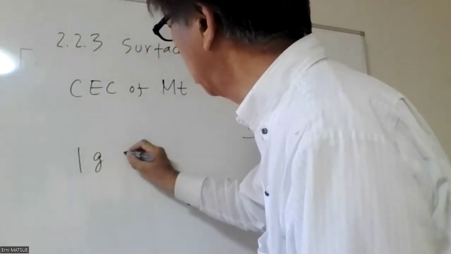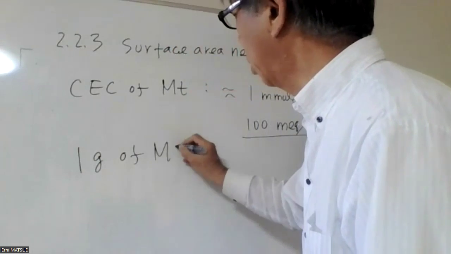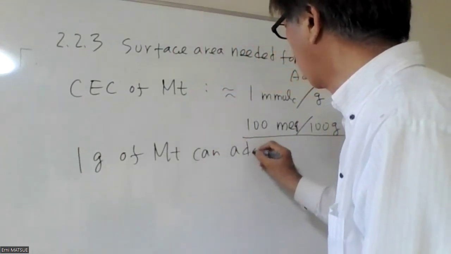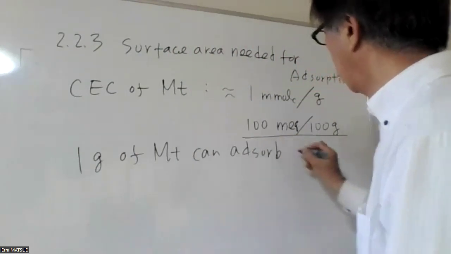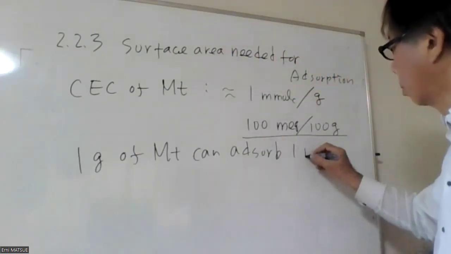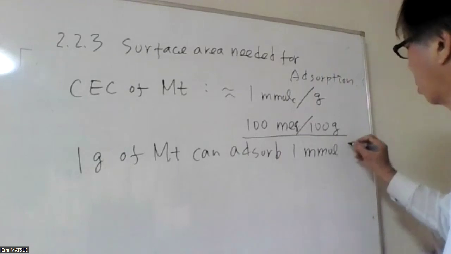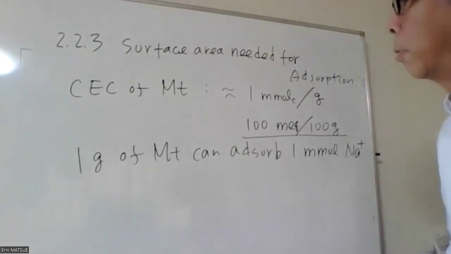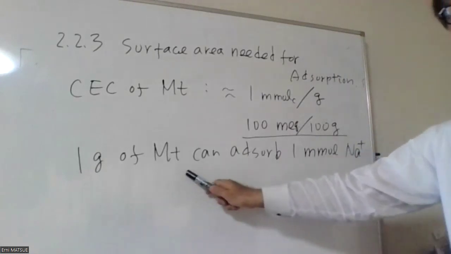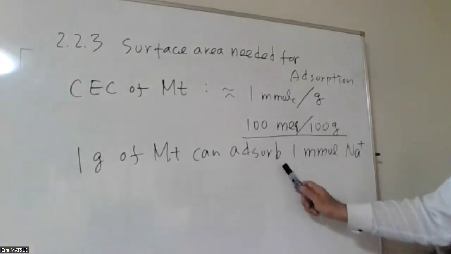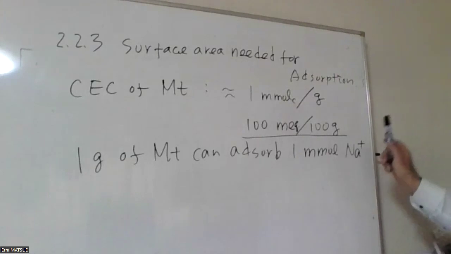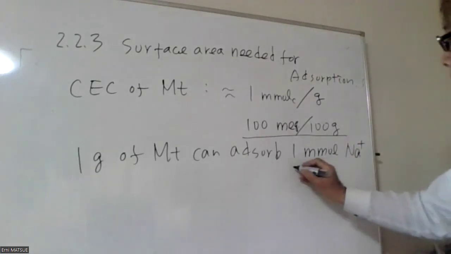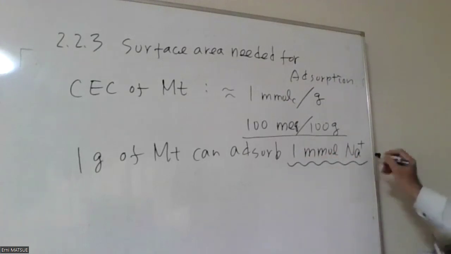One gram of montmorillonite can absorb 1 millimole Na plus.